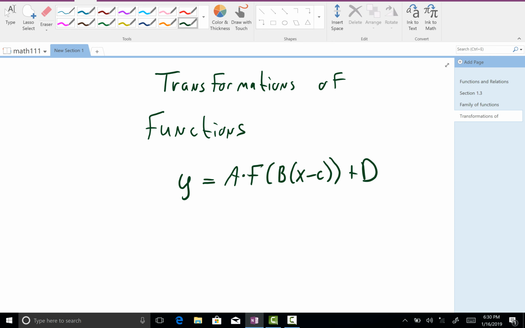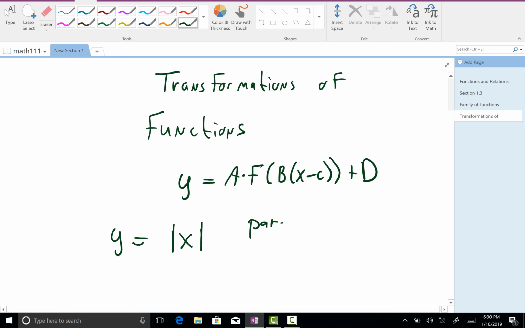So, for example, on Monday, we talked about the absolute value function, and I said there are families of functions, and in this case, this could be thought of as the parent function.